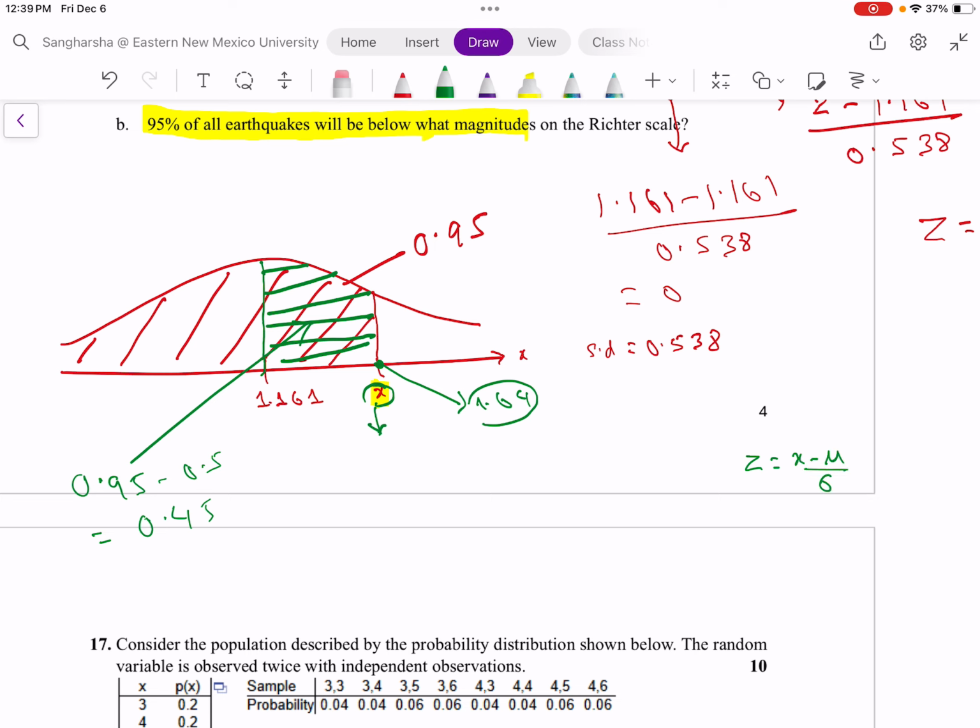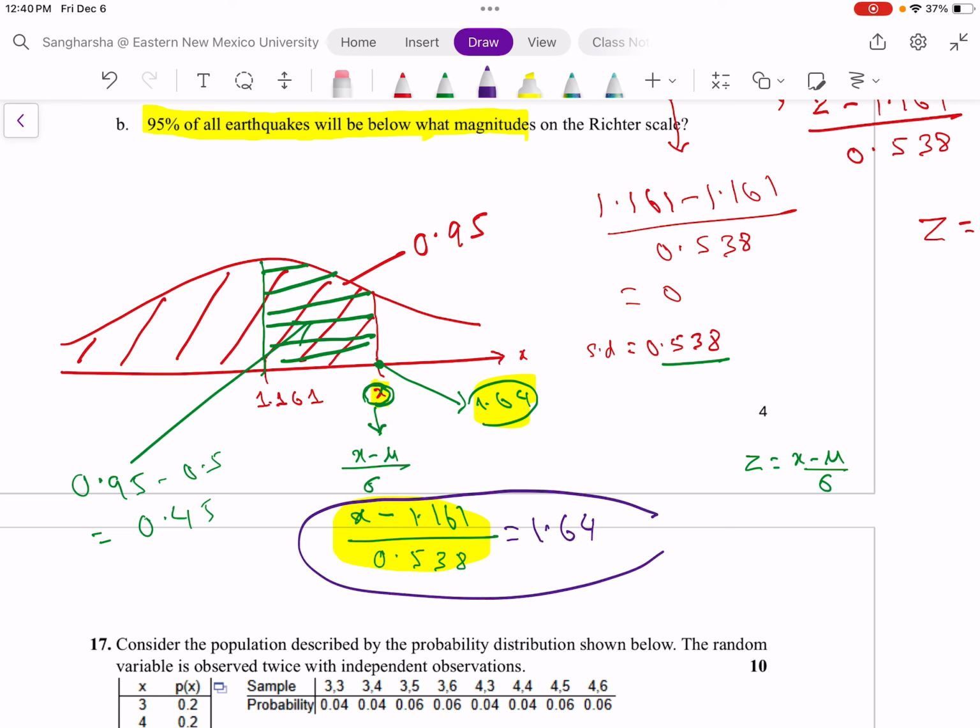So let's convert this x into z: x minus mu, where x we don't know, mu is 1.161, divided by sigma, which is 0.538. Now this is z, and this is also z of the same point. If that is the case, they have to be equal to each other, so this is equal to 1.64. Now you solve this equation and find the value of x.